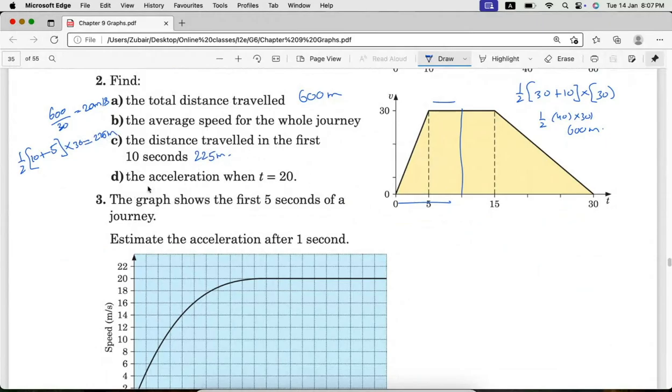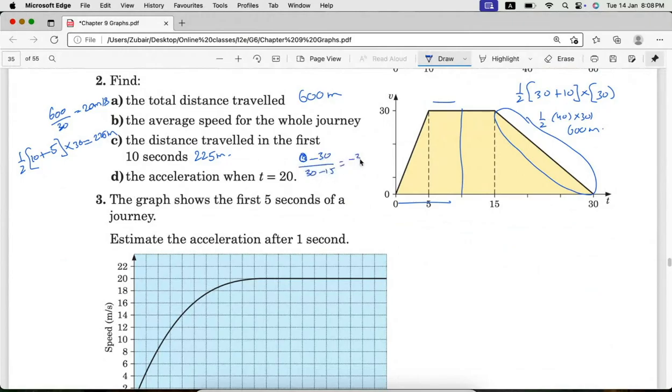It says find the acceleration when t is equal to 20. So we know that 20 lies between these two. We don't need to know the exact position. Acceleration is the gradient, so the gradient of this line will be equal to the value of acceleration at any time between 15 and 30. The gradient is y2 minus y1 over x2 minus x1.